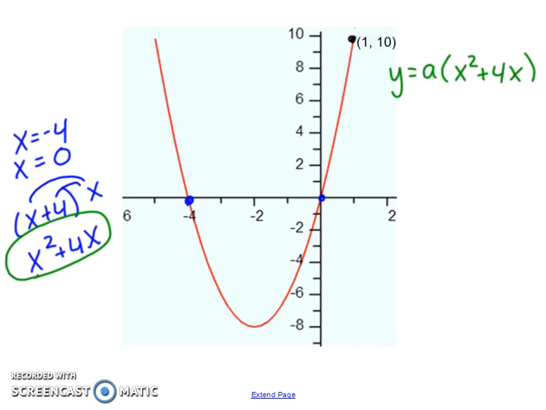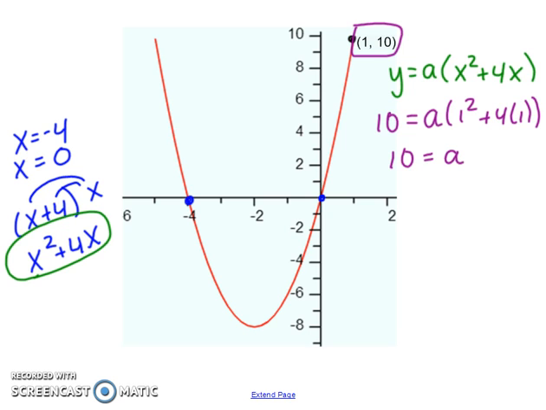We're going to use this point, 1, 10. So we're going to plug in 10 for y. A is going to stay A, and 1 is going to go in for x. So when I solve this, I get 10 equals A times 5, and I'm going to divide by 5. So now I have A equals 2.